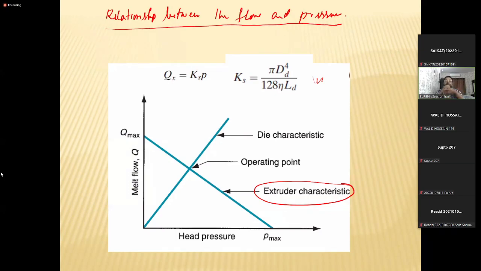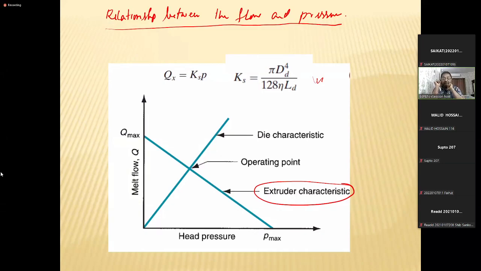If we think of an extruder without a die, we can find out how the flow will be related to the pressure.